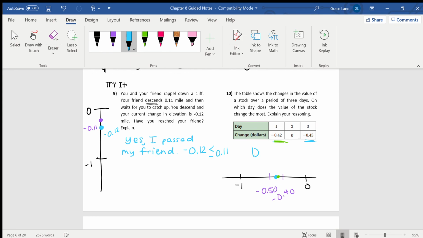Day 3, because the blue dot, negative 0.45, is farthest from 0.